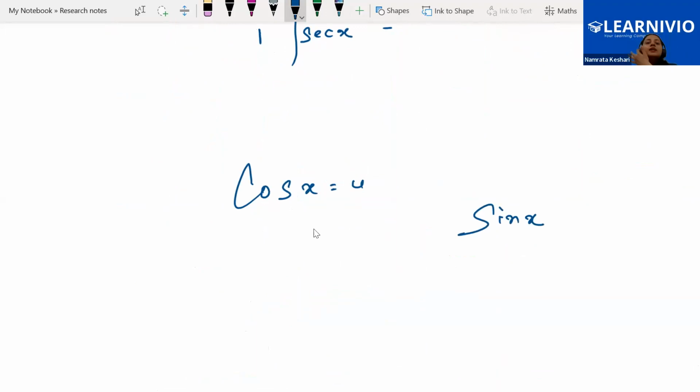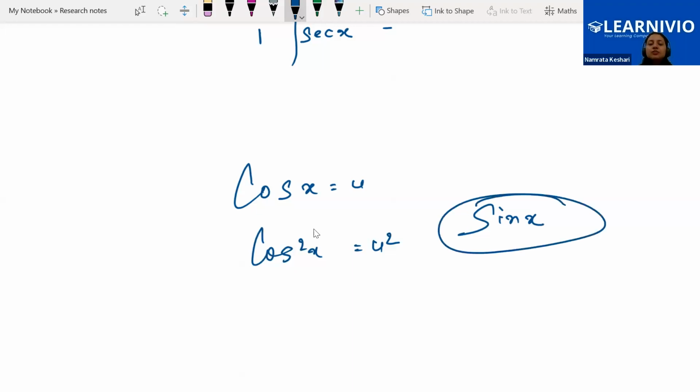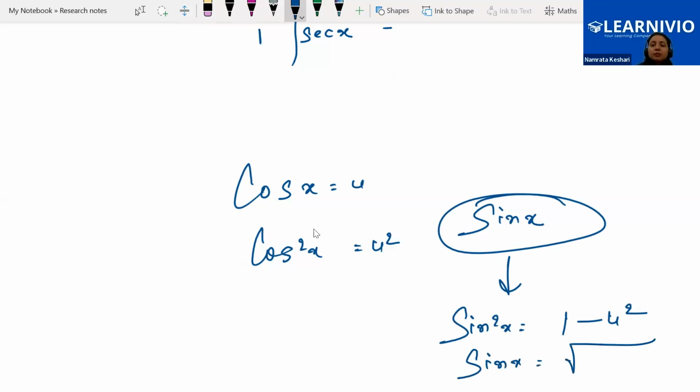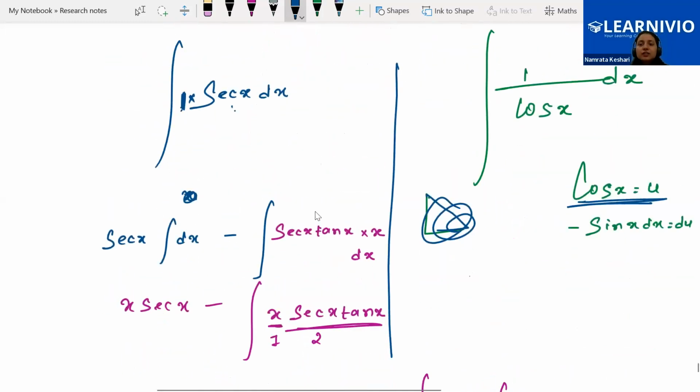Then we can say cos square x is u square, right? Yes. Sin x we are not able to find directly, but sin square x is 1 minus cos square x, right? Sin x will be under root 1 minus cos square x. This much we can say. Let me check whether that is working or not.